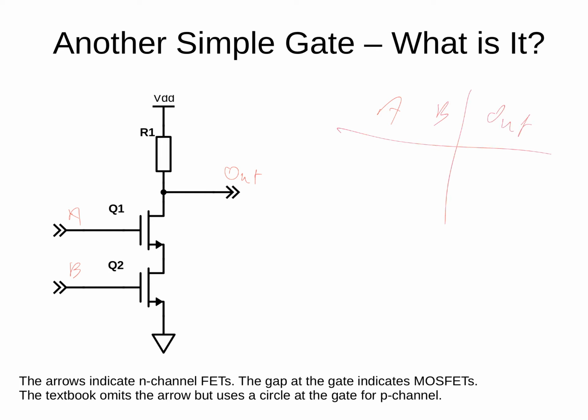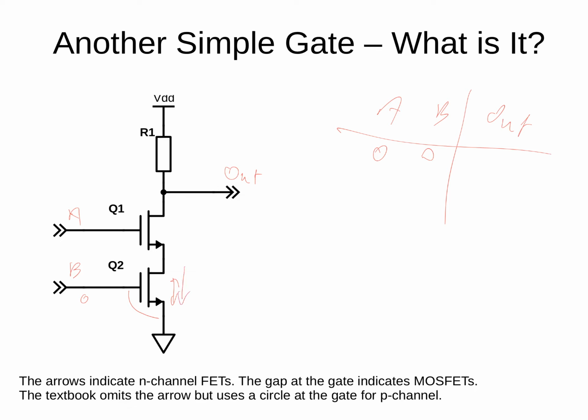And we ask what happens if A and B are both 0. So if I put 0 volts in here, then the gate to source voltage is 0, that means that there's very high resistance between the source and drain. Some might say it's open circuited in the limit, and so that means that no current's going to flow down here.